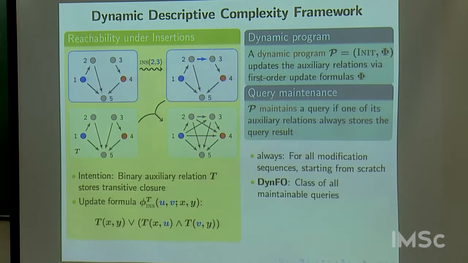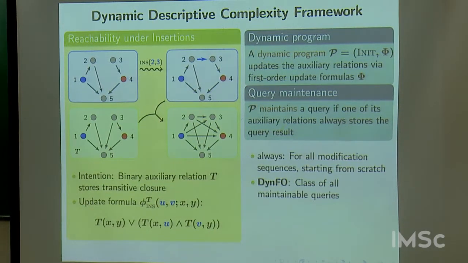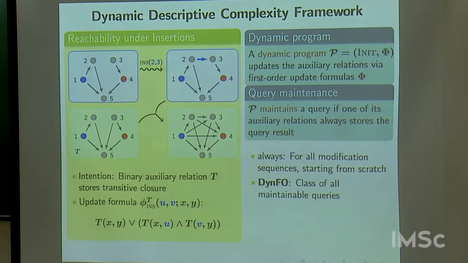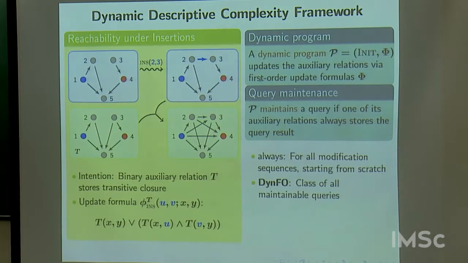Okay? So we say that P maintains a query if one of the auxiliary relations always stores the query result. Correct? And always means that for all modification sequences starting from the empty graph. Okay? And DynFO is the class of all maintainable queries, all the queries that can be maintained using first order update formulas.